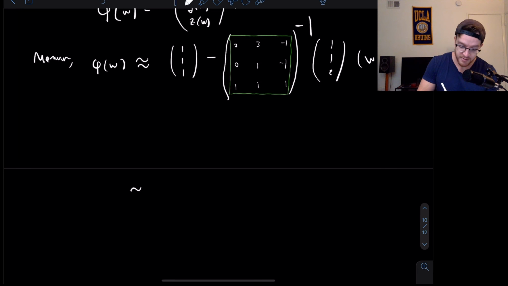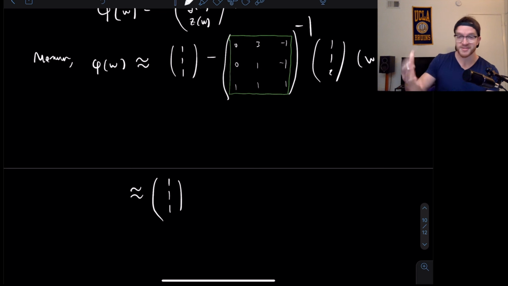Now, to simplify this out a little bit, in this class, if you're listening and you're actually in 32AH, we haven't talked about how to invert a matrix, but maybe some of you listening know how to do that, so you can try it.